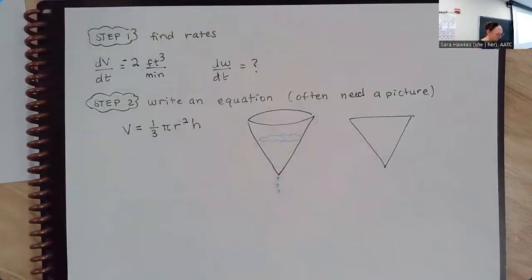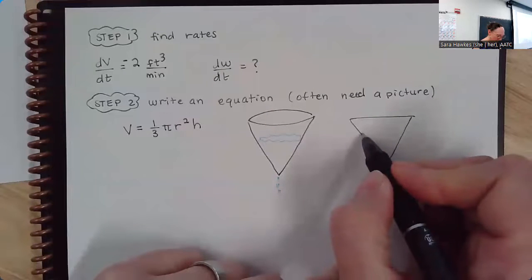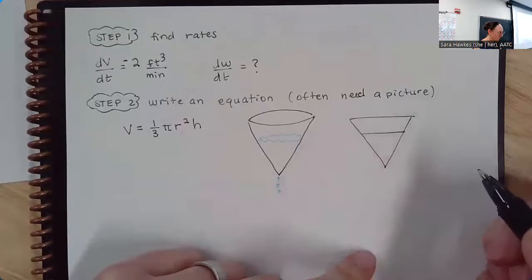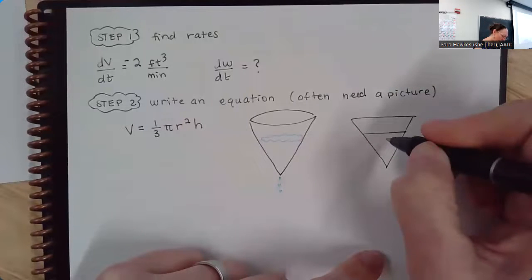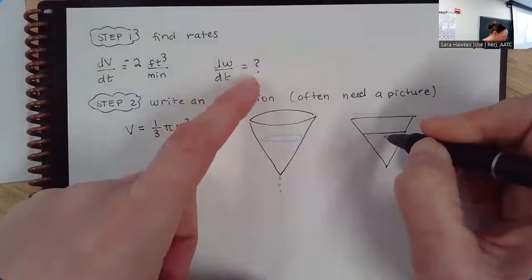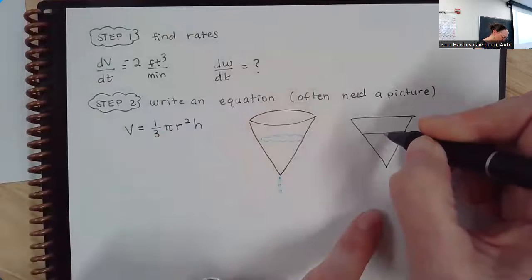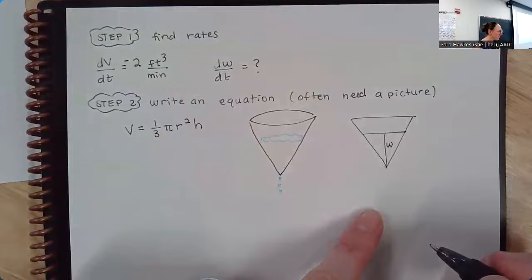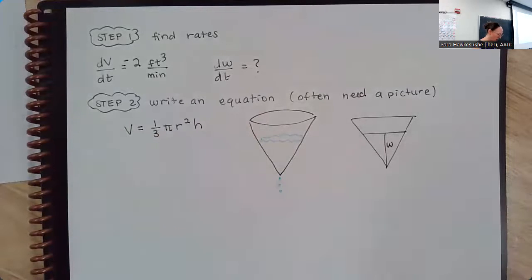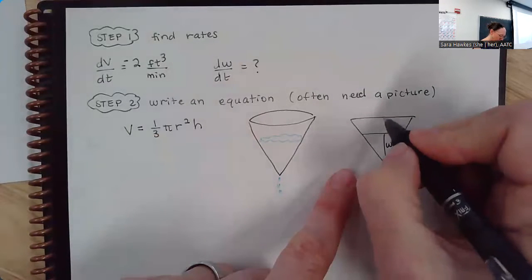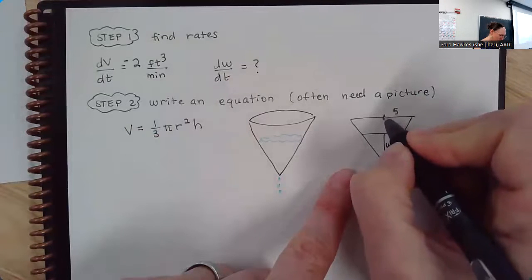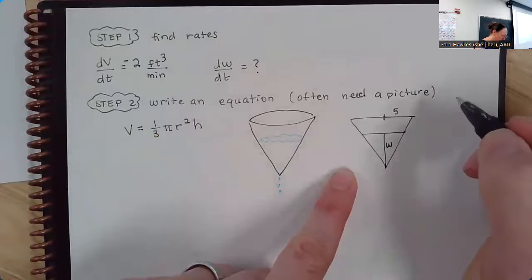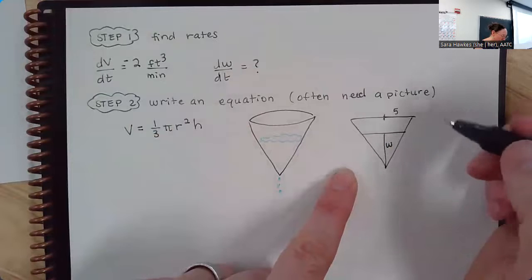Which means that there's a water level here. And my W is really referring to that water level. The overall cone itself has a radius of 5 feet and a height of 20 feet.